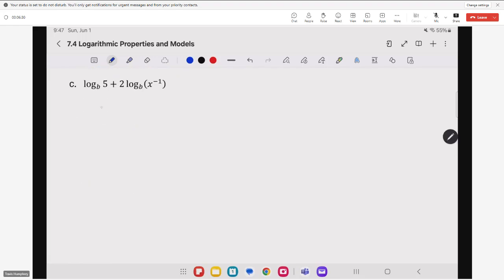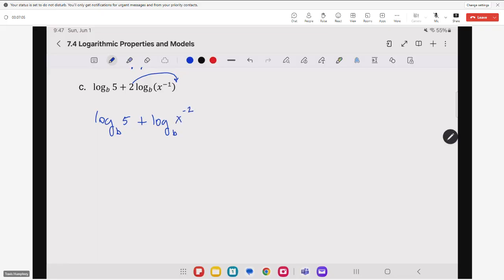Okay, next example, I have a sum, so product. Log base b of 5, I have an exponent rule, so that'd be log base b of 5 plus log base b of x to the negative 2.